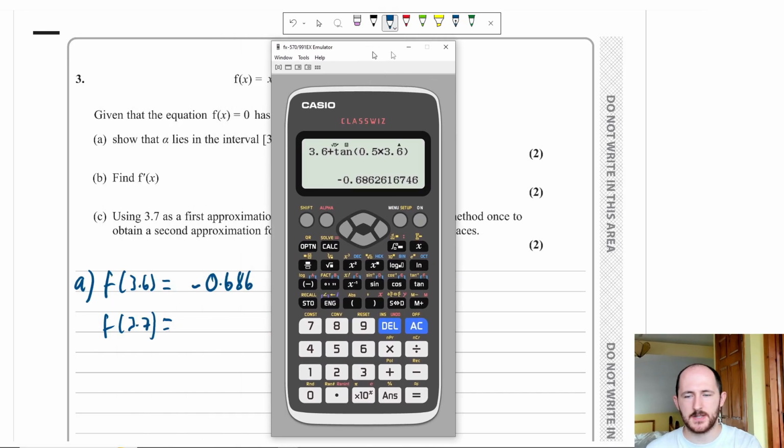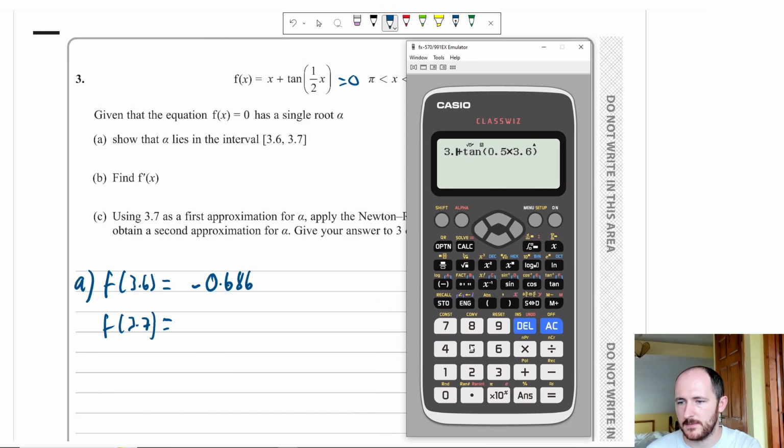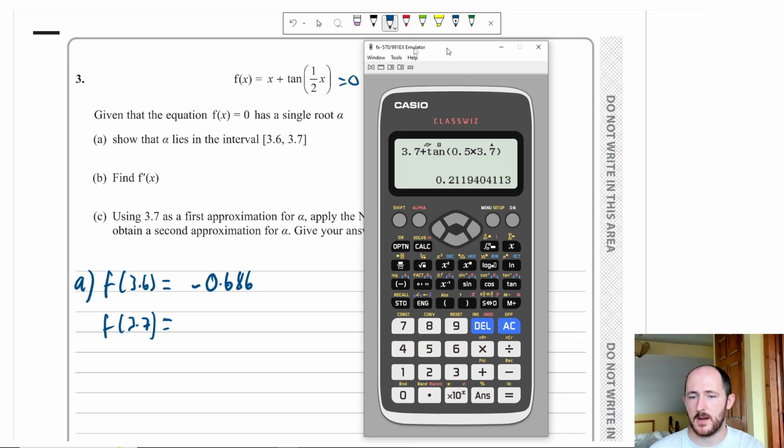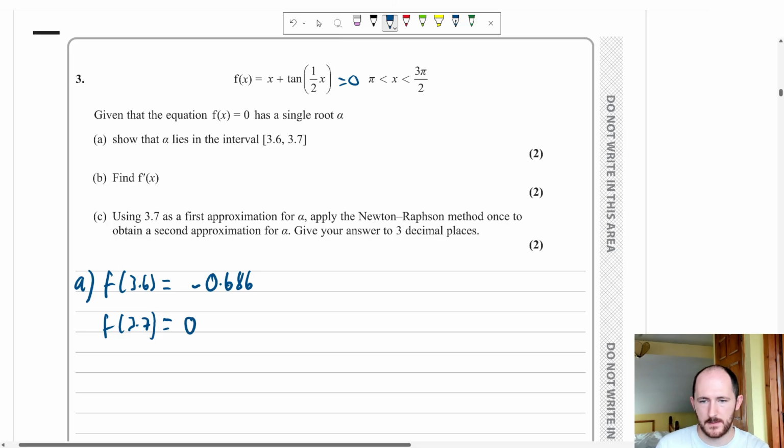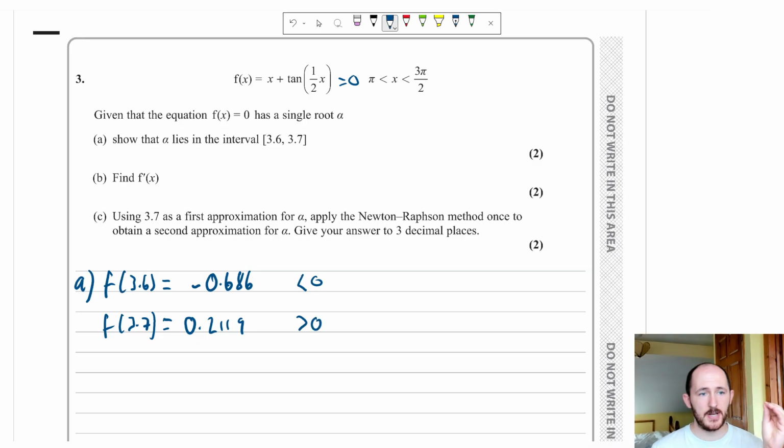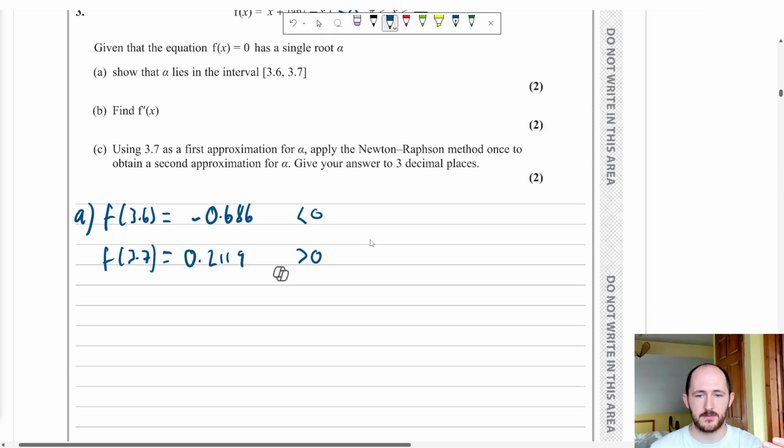And if I just quickly change that to 3.7 now, I get 0.2119. That is 1 mark. So this is less than 0, that's bigger than 0. The conclusion you have to make, and you have to do this every single time, is that a change in sign, assuming the function is continuous, which it should be, a change in sign implies the existence of a root.